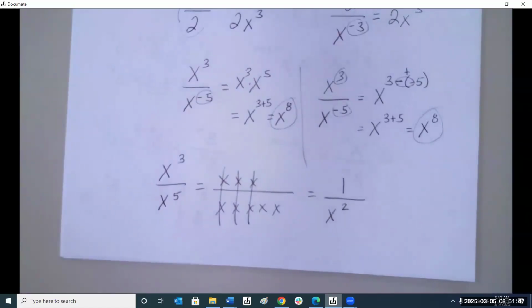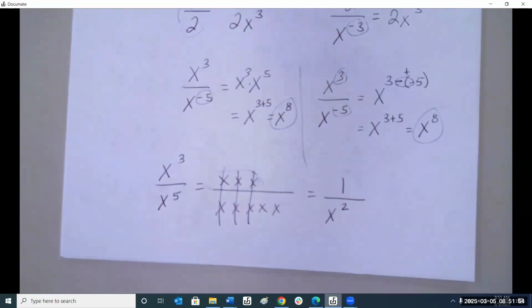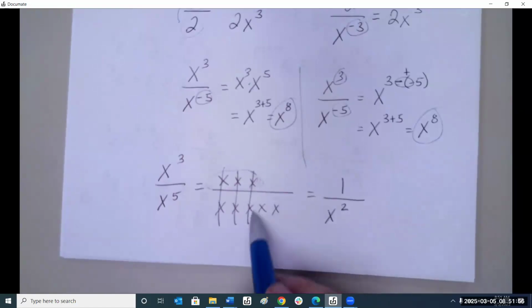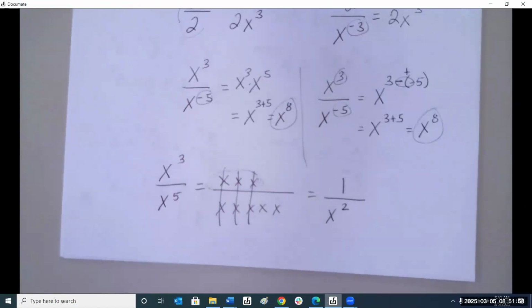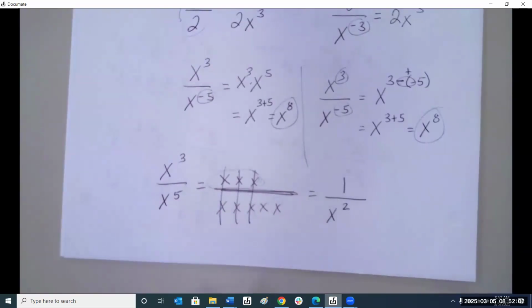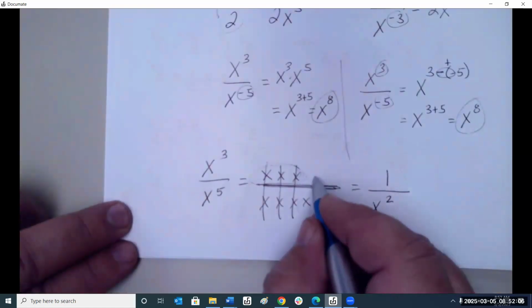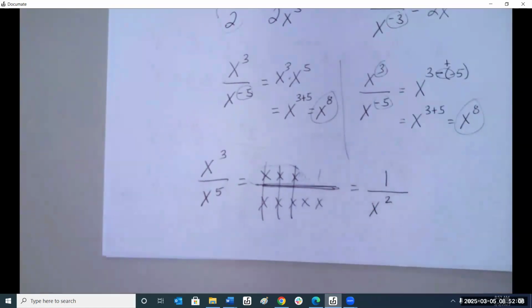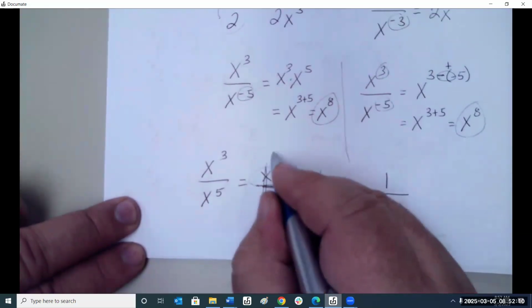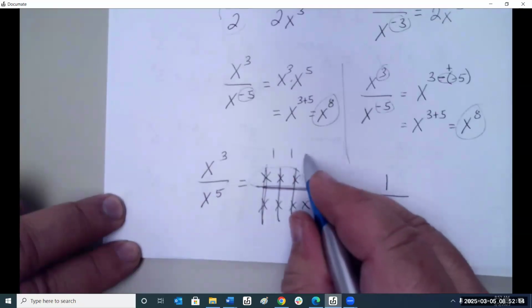This is very important. If you have a fraction and everything disappears on top, the most common mistake students make is they see there's two x's and put x squared. There's still that dividing line there. Remember, everything always has a 1. x divided by x is 1, x divided by x is 1, x divided by x is 1.